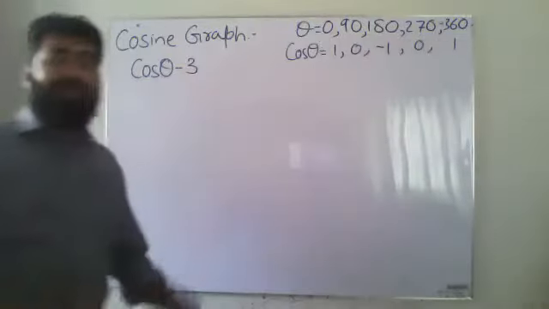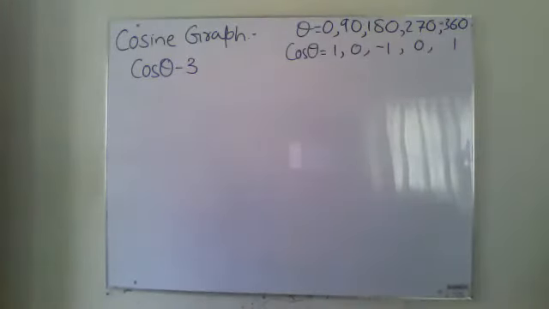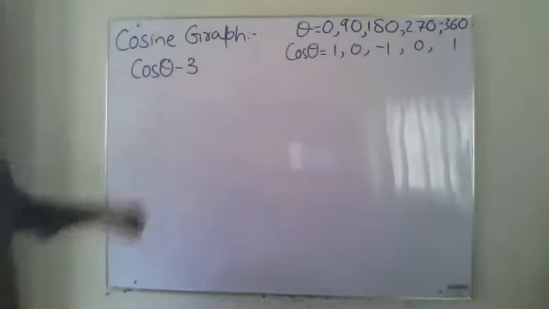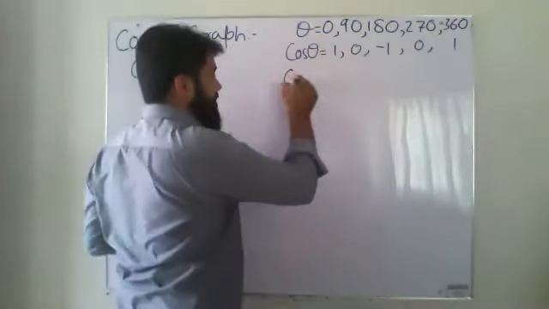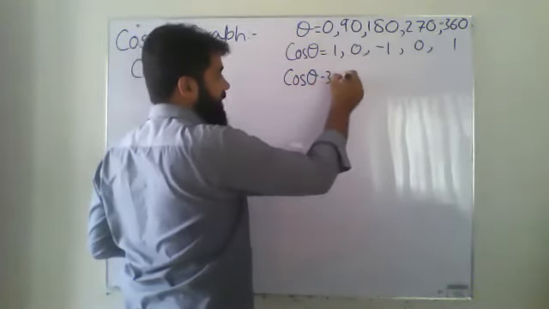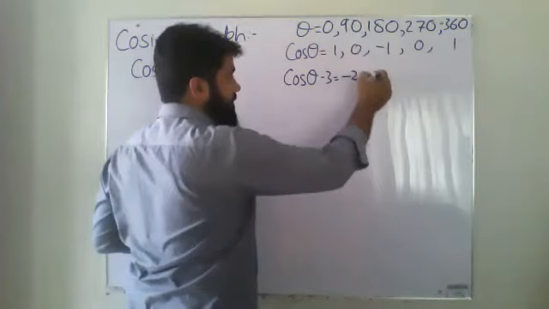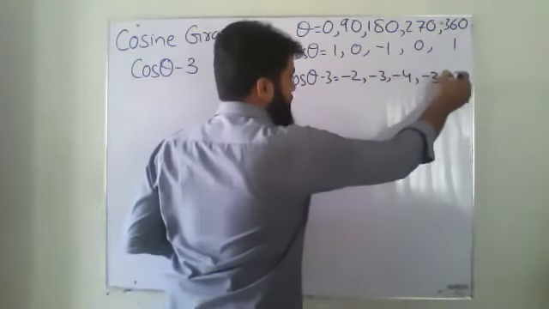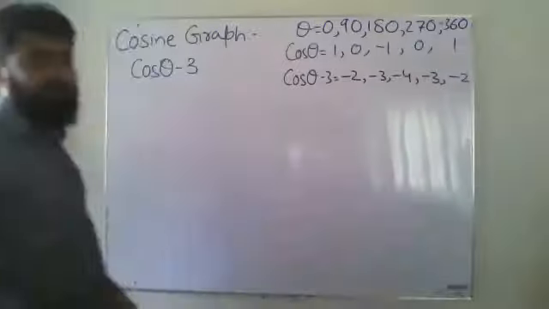I'm writing it again and again so that it gets in your mind perfectly how we are going to solve it and what the values are. After this, they are writing -3. So when I subtract 3 from these, this will become -2, -3, -4, -3, -2.